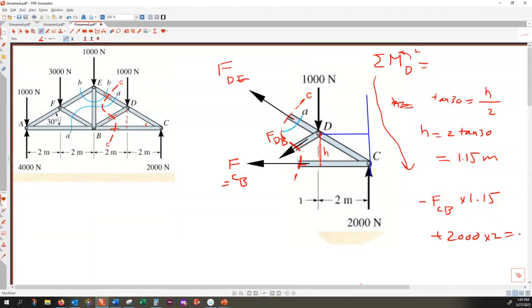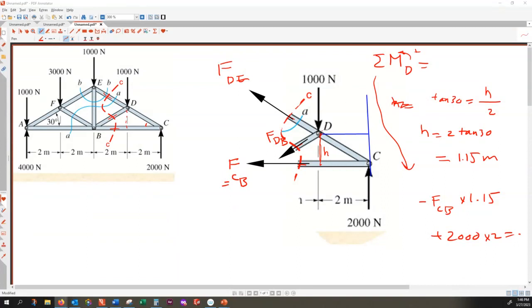FCB with respect to the D, what type of rotation? Is this clockwise or counterclockwise? FCB with respect to the D, does it rotate clockwise or counterclockwise? Yeah, that's clockwise.